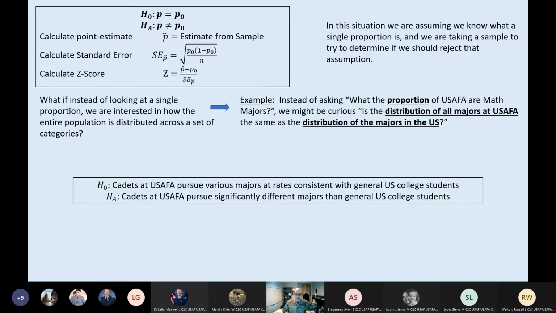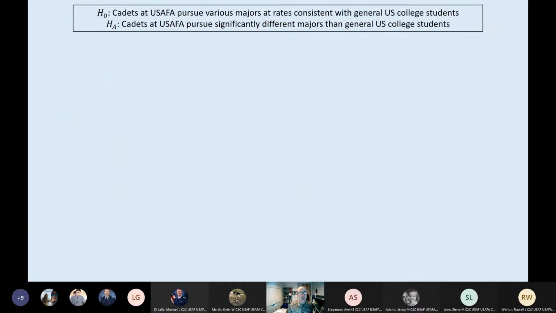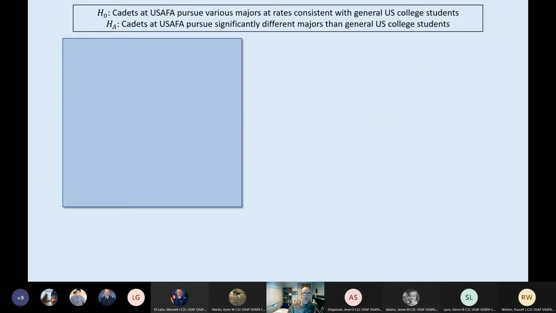All right. So to do this, we need to put together a few numbers. And so for every major, and I say category because in this example we're looking at the distribution of majors, right? But I could just as easily look at the distribution of the USAFA population across other categories. I could look at ethnicities, right?